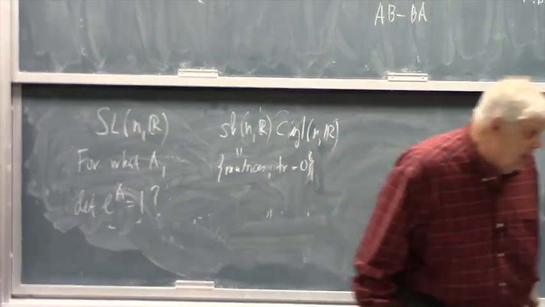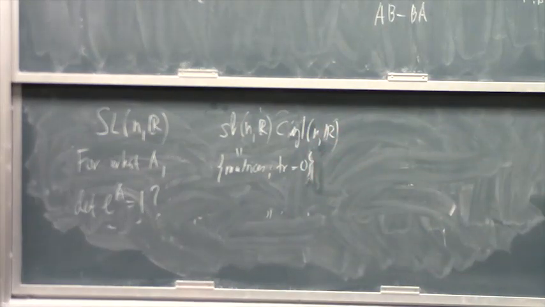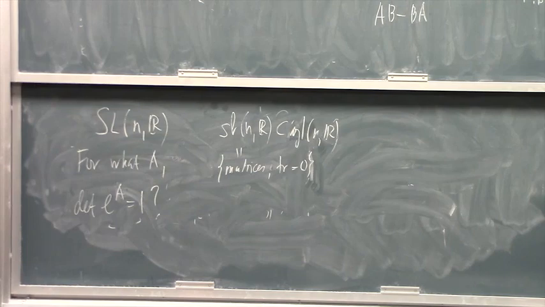So in particular, I state that if you take a commutator of two matrices with 0 trace, then it will be again a matrix with 0 trace.